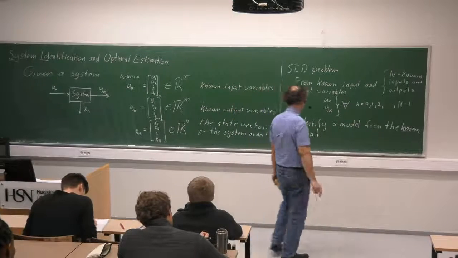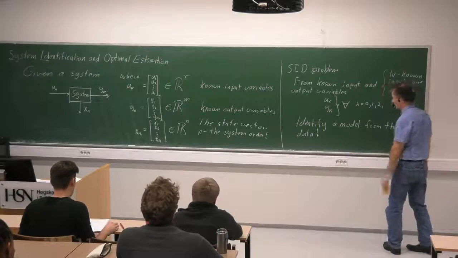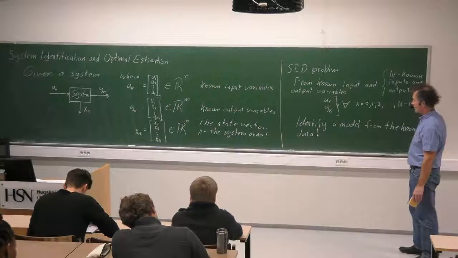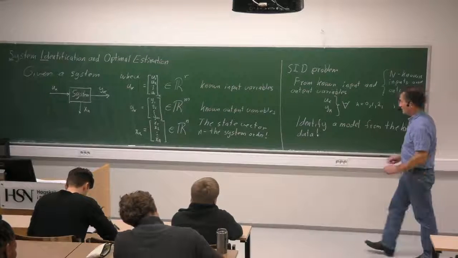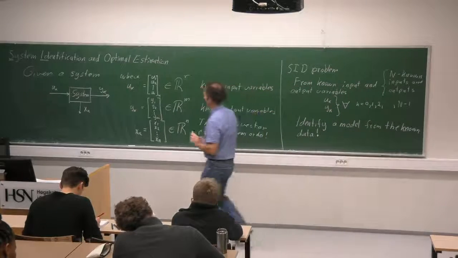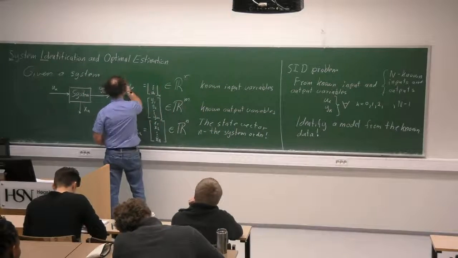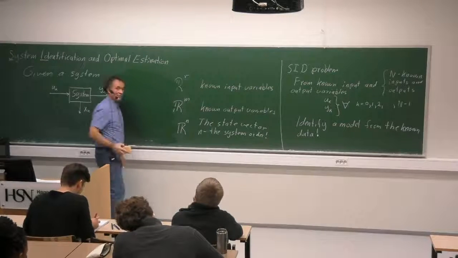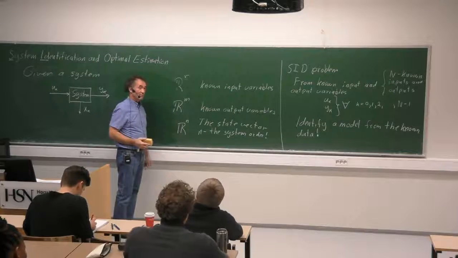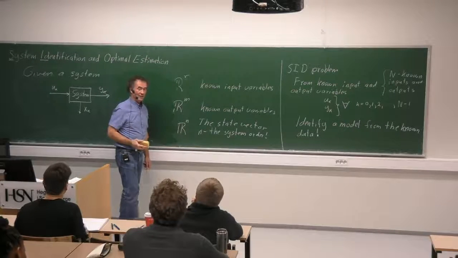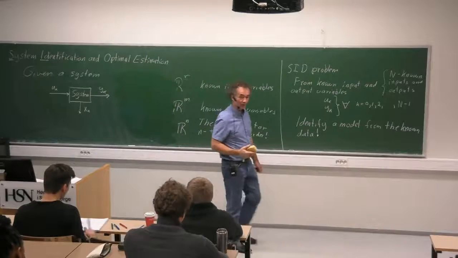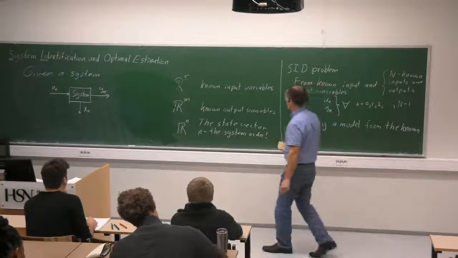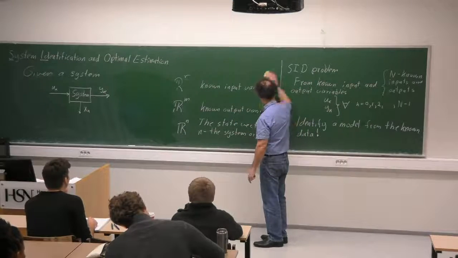Now, when I wrote this problem definition, this is a rather general and complicated problem. So we have to restrict or make some assumptions about this system. You see, you have simulated systems, you have non-linear models, and there may be an infinite number of non-linearities, an infinite number of structures.